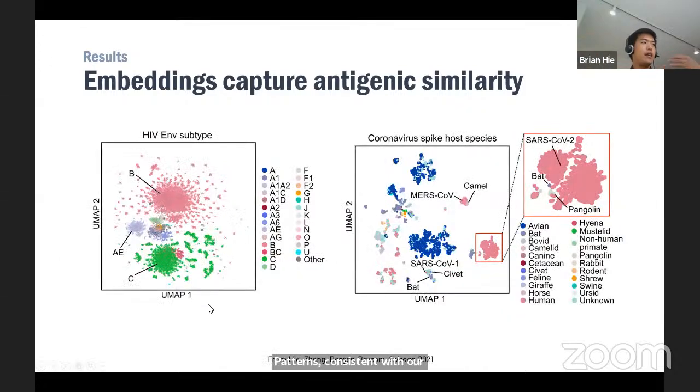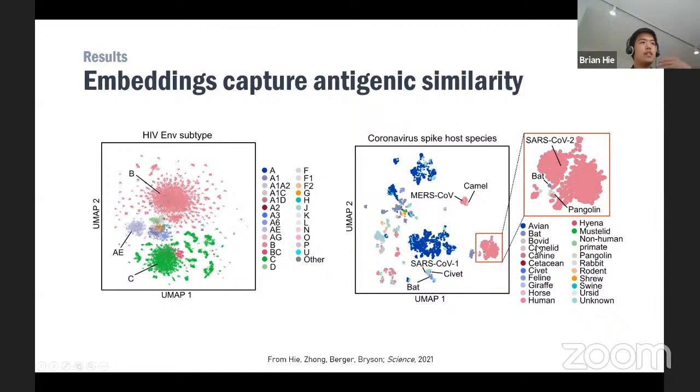Again, if we train a language model on the HIV envelope surface protein or coronavirus spike homologous sequences, in the envelope case, again, these sequences will cluster by subtype.